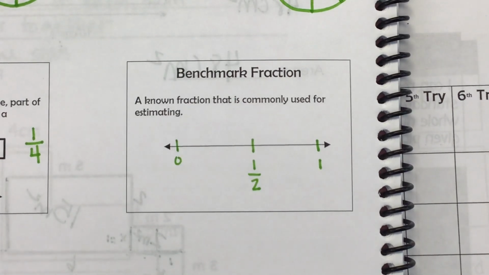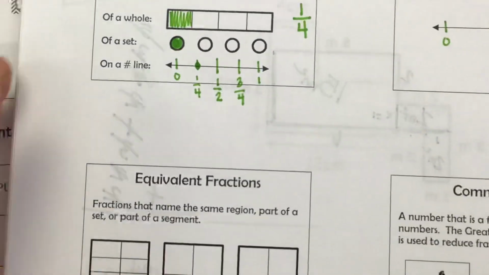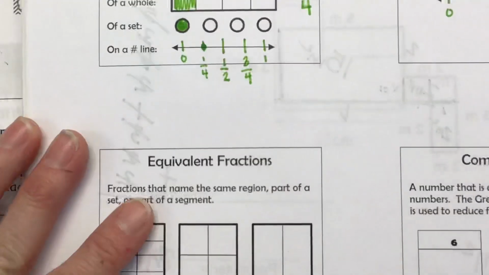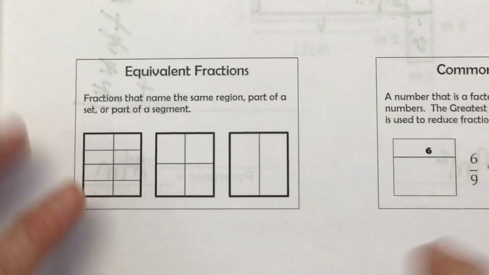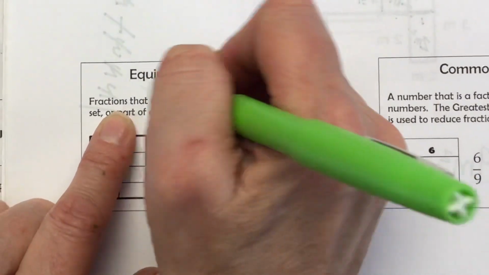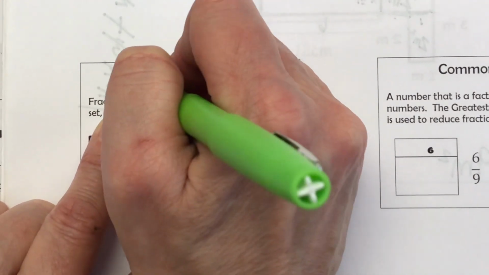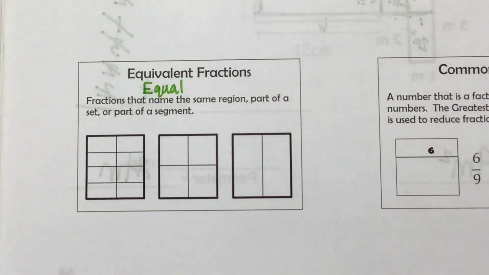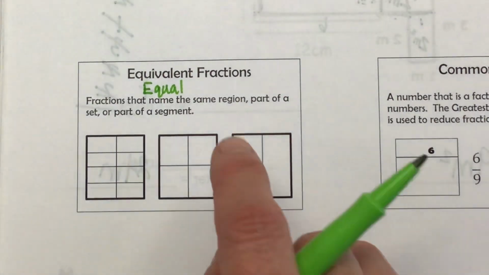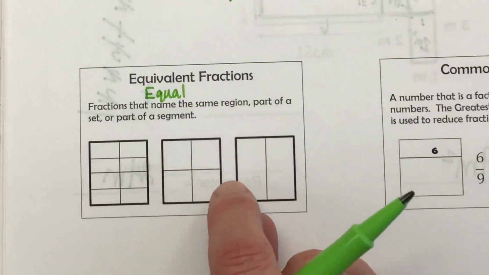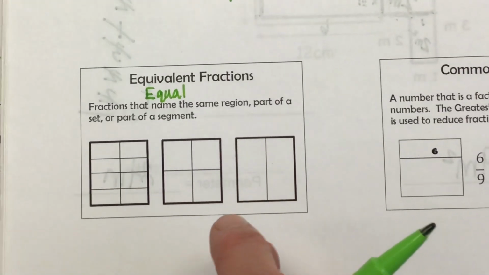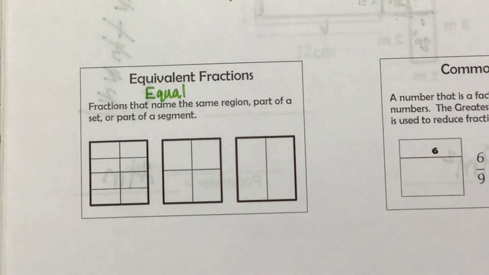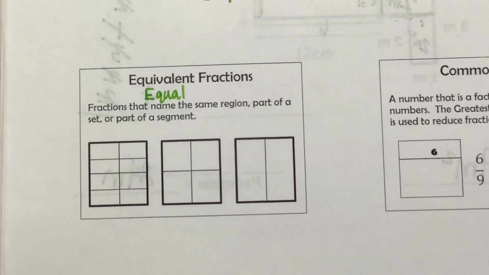Okay. Now we have this term equivalent fraction. Okay. Equivalent means equal. Okay, so we're looking for fractions that are equal in value. They name the same region, part of a set, or part of a segment. So they're equivalent in value. They're measuring the same amount of a set or part.